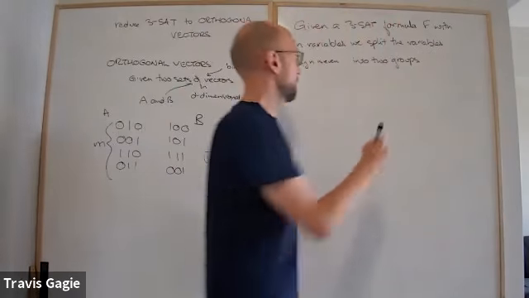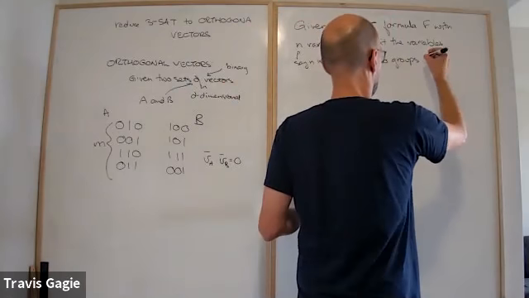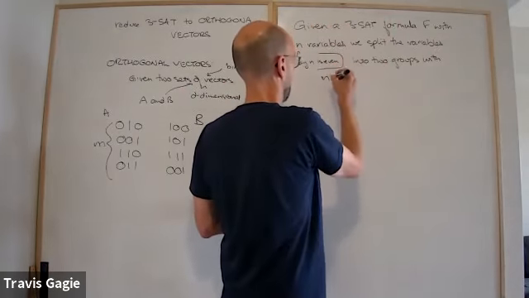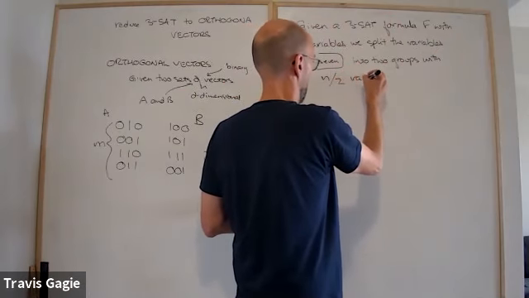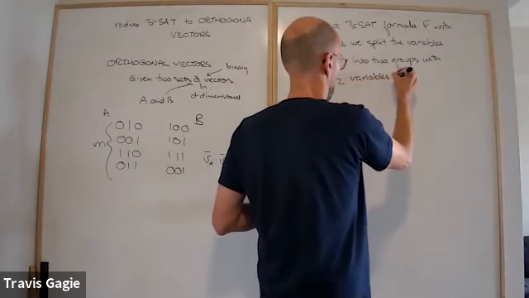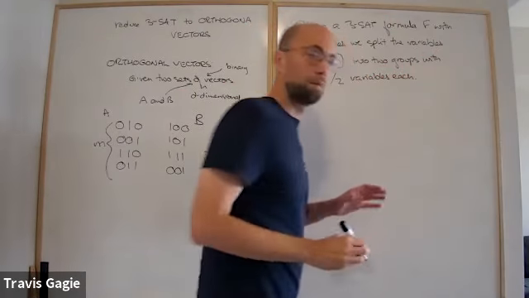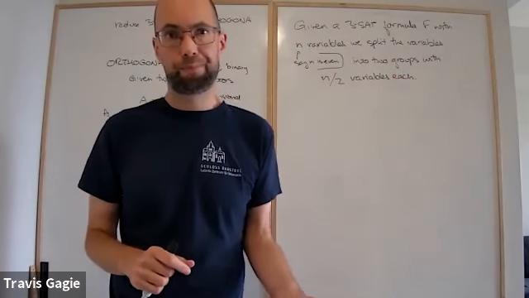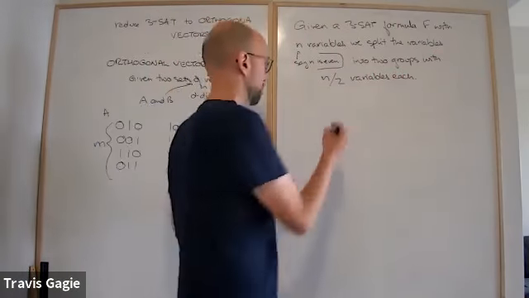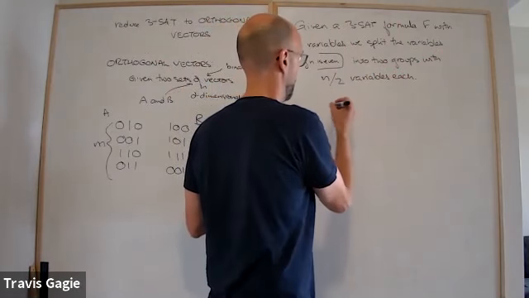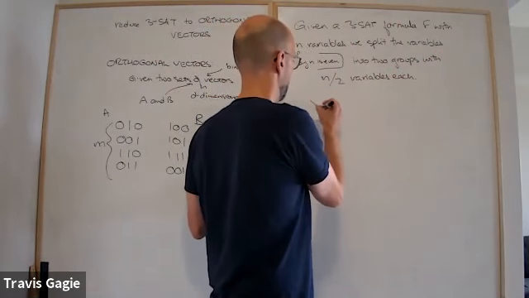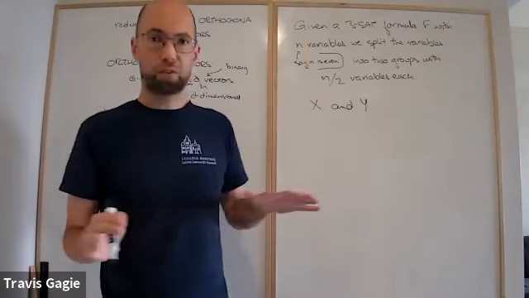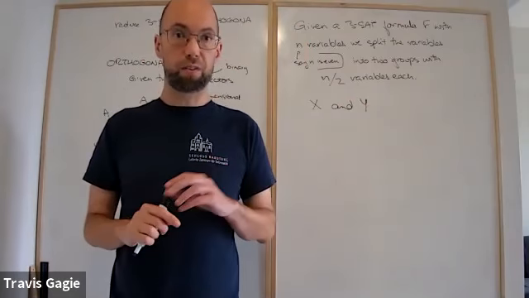With n over two variables each. We're going to call these groups X and Y, so they have n over two variables each.